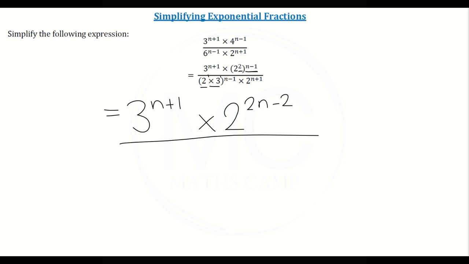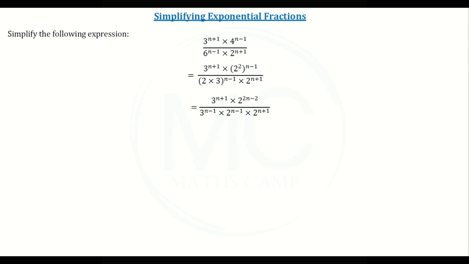And now we have to multiply the exponents of 1 by the n minus 1 outside of the bracket. So we have a base of 2. 1 multiplied by n minus 1 is simply n minus 1, multiplied by the base of 3 from over here, and an exponent again of n minus 1. Finally, we can multiply by 2 to the power of n plus 1.